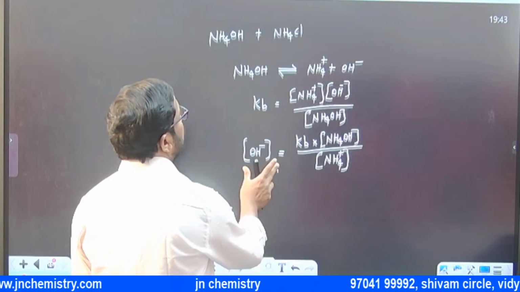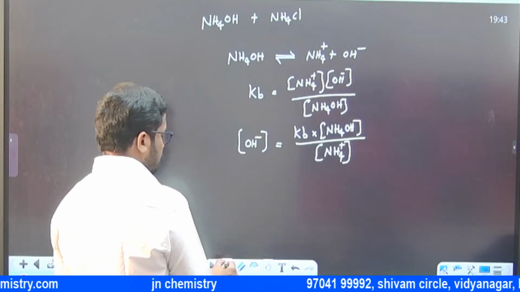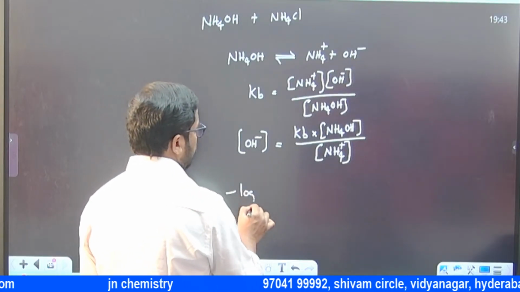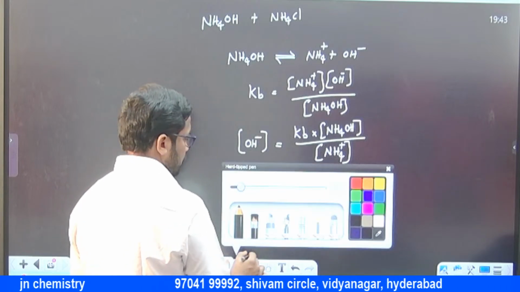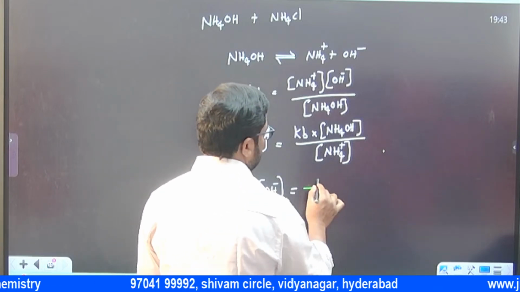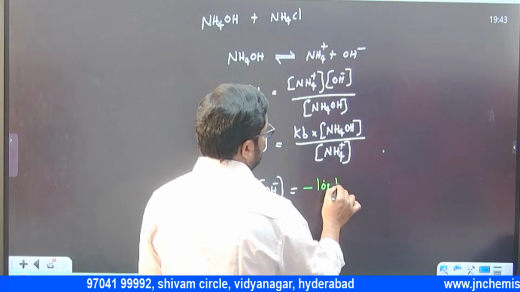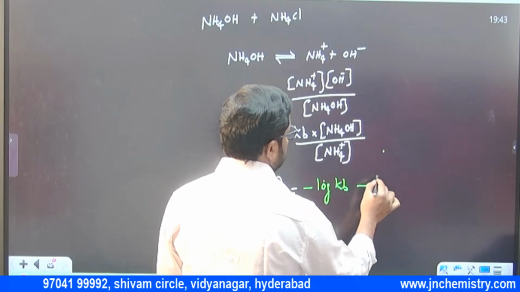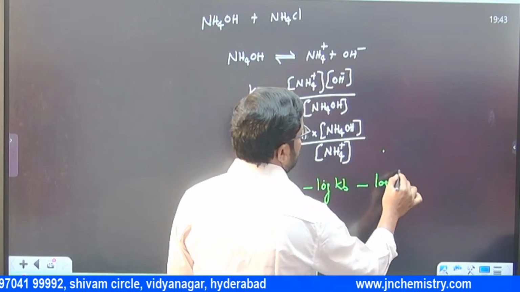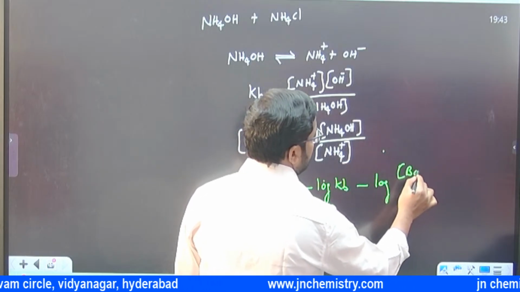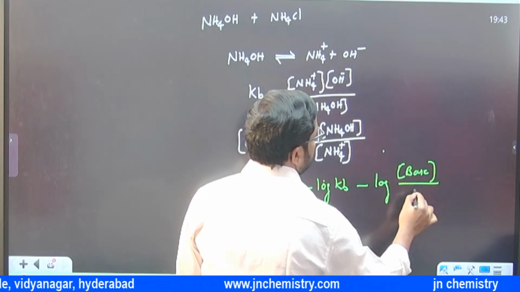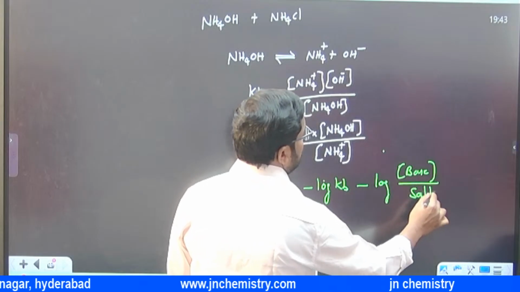Applying the log on both sides, minus log OH minus equals minus log Kb plus log of base by salt, right?